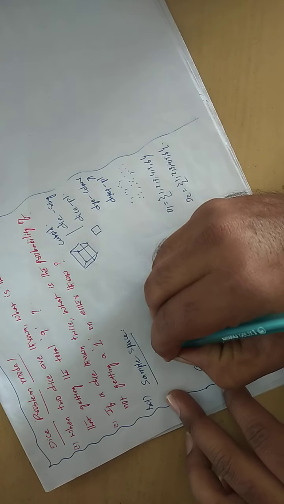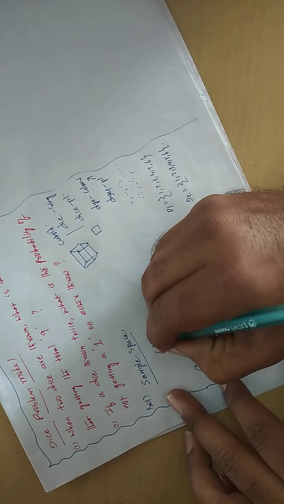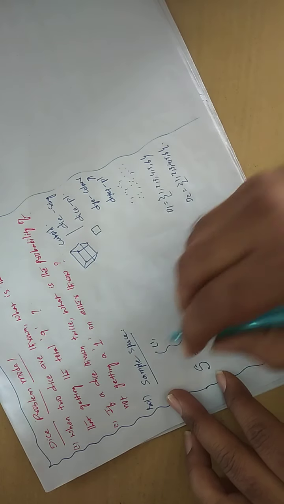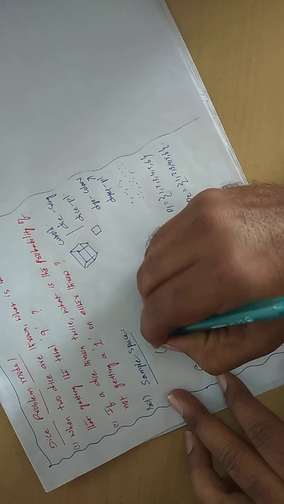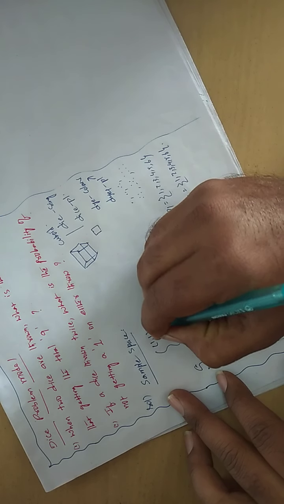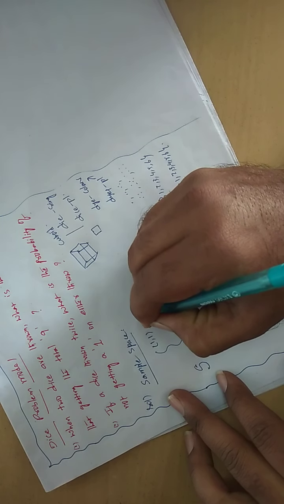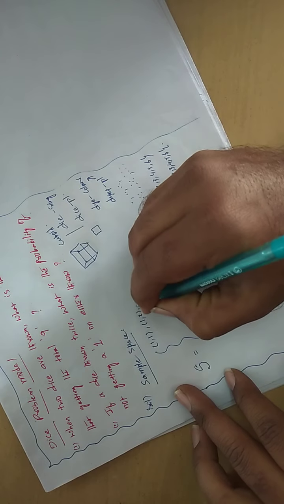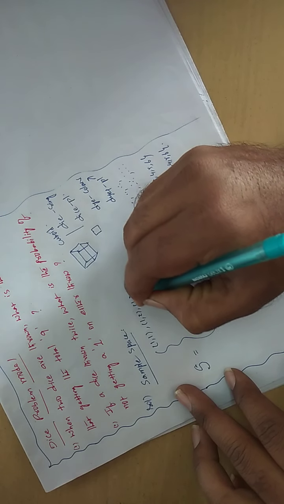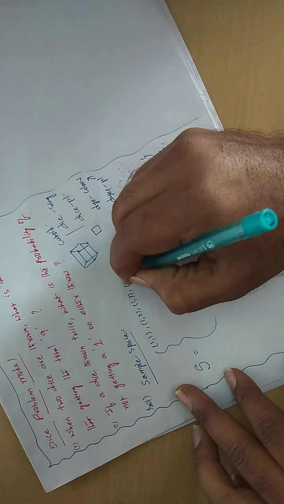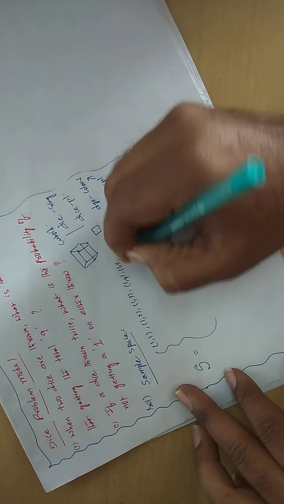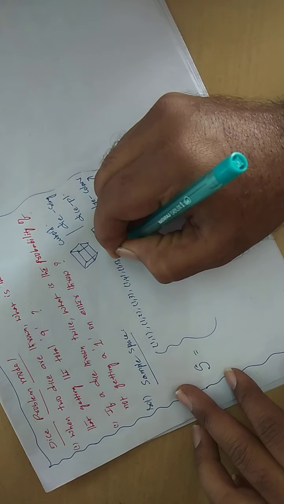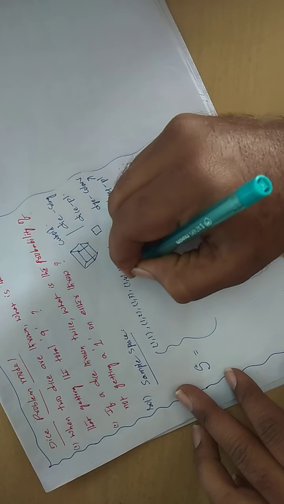In the first die, let us suppose the facing side is number 1. In the second die also, the possibility is there to get 1. In the same way, if the first die has 1, the second die facing would be 2. Like that, what are the combinations? 1,3, 1,4, 1,5, 1,6.